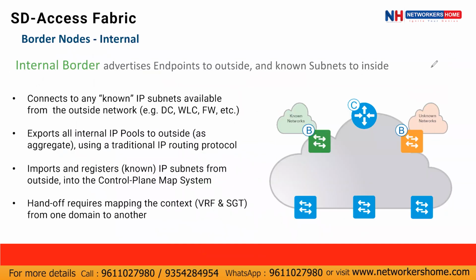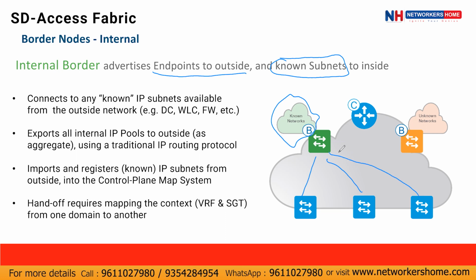Internal border advertises the endpoint to outside, but the unknown subnets, like advertising this information to the data center or to another site, or anything which is in the known network. Examples can be data center, wireless controller, internal firewall. Now it exports all internal IP pools to outside using a traditional IP routing protocol, because the fabric ends here.